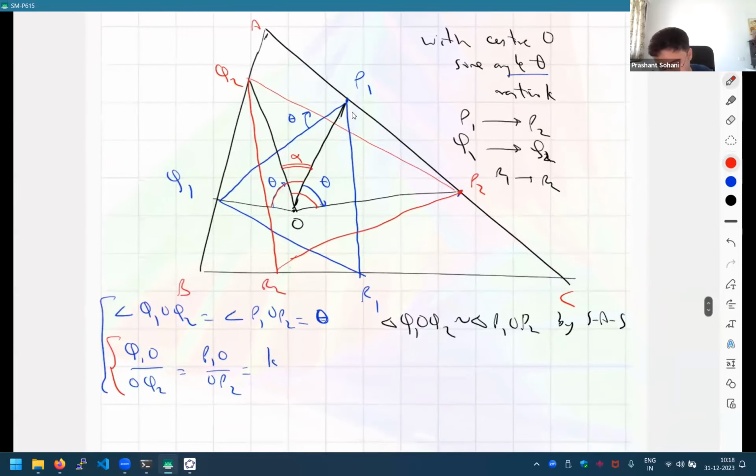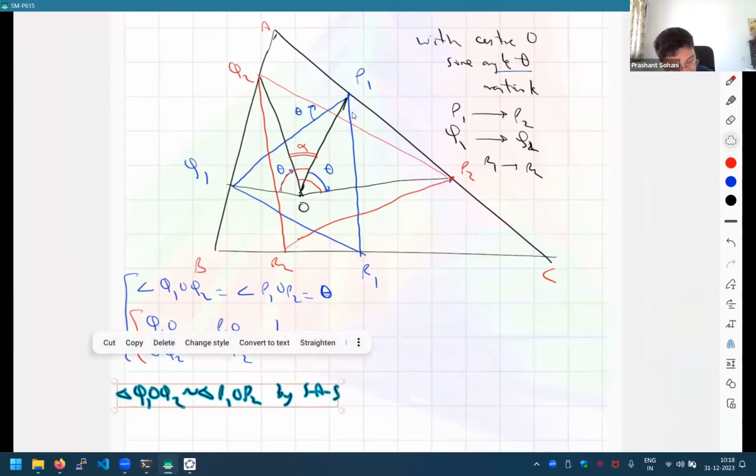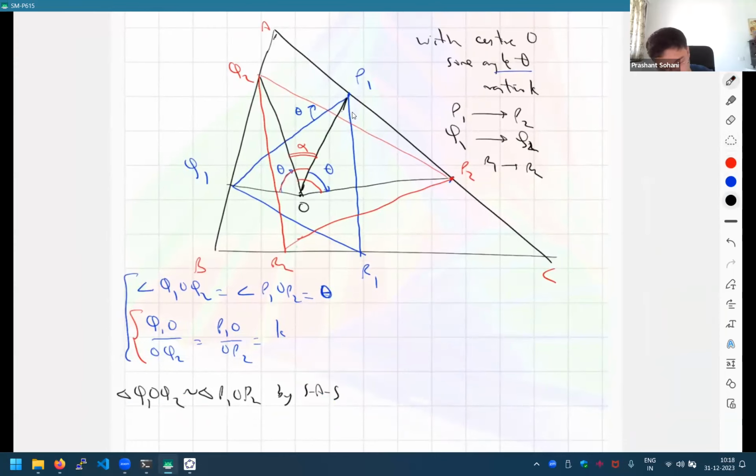So let me write that here. Angle P1OQ1 equals angle P2OQ2, which is equal to theta plus alpha in our diagram.